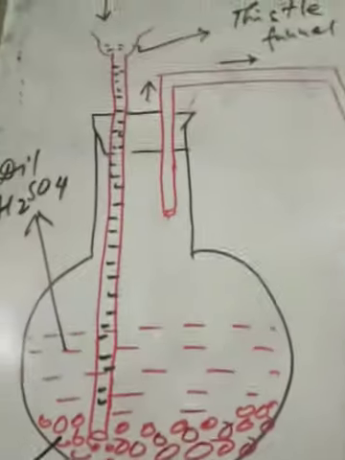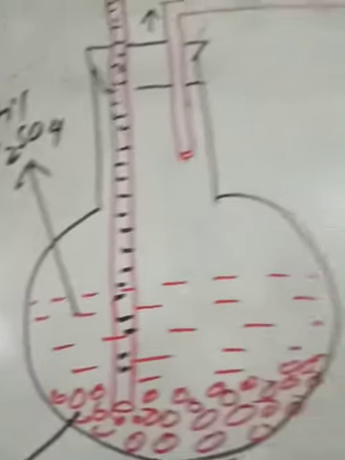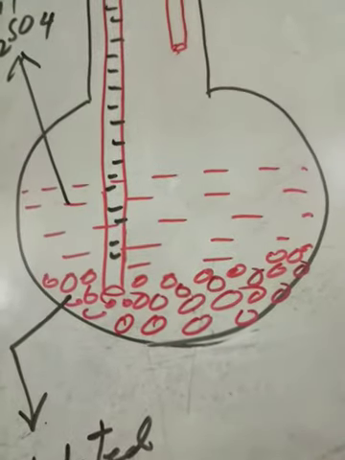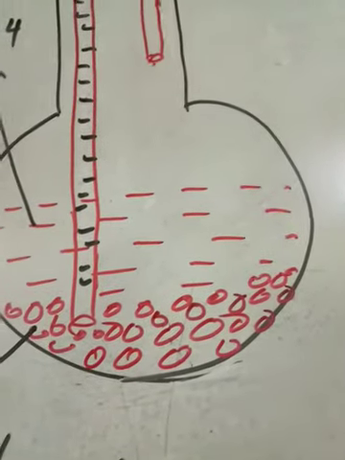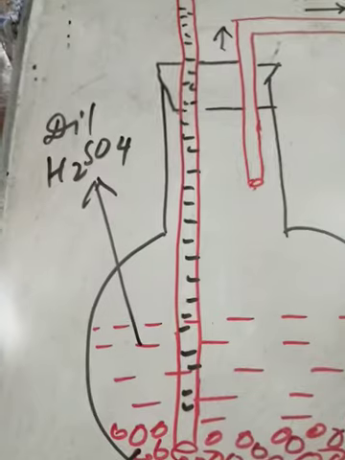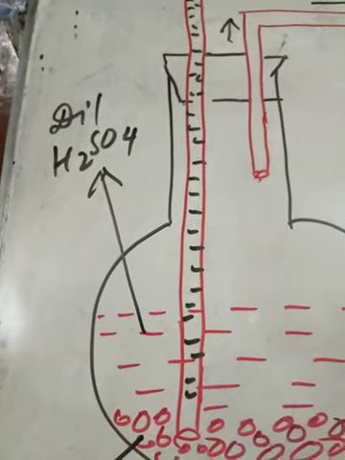Now there are some precautions to be taken. First, granulated zinc should be taken in place of pure zinc. Dilute sulfuric acid or dilute hydrochloric acid is to be added instead of concentrated acid.